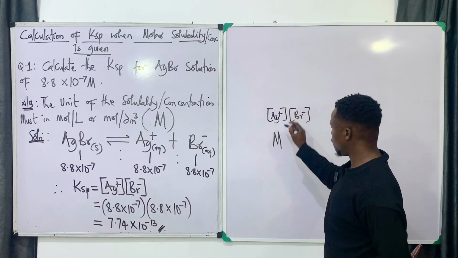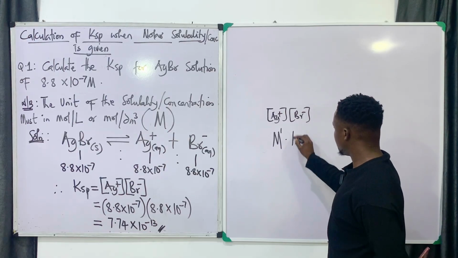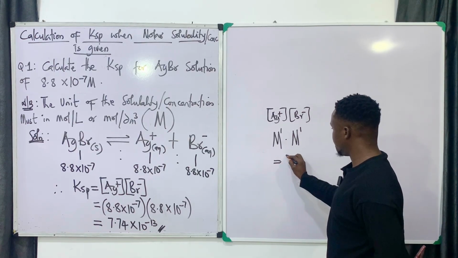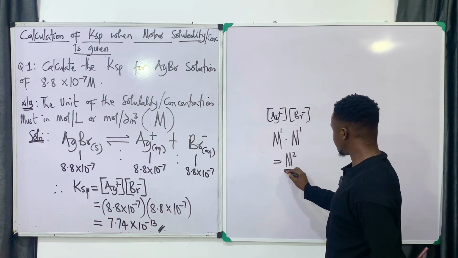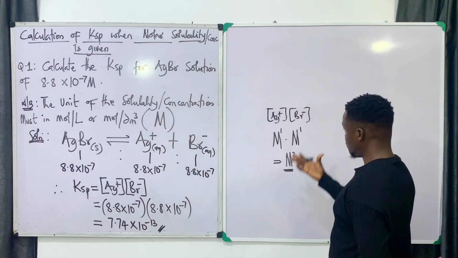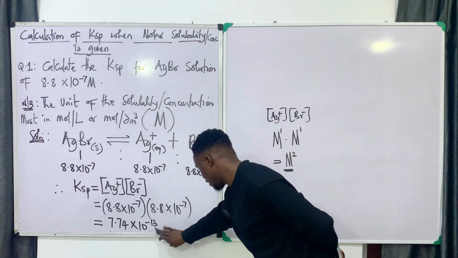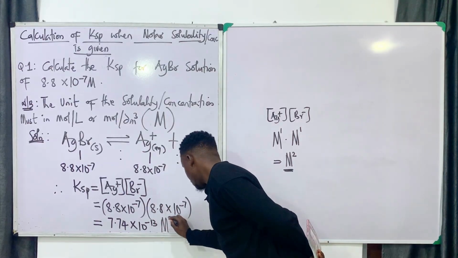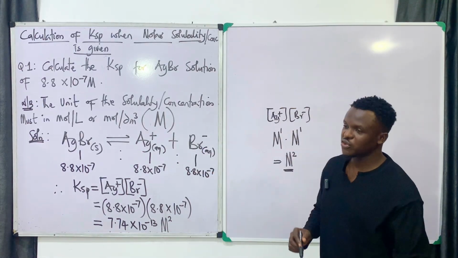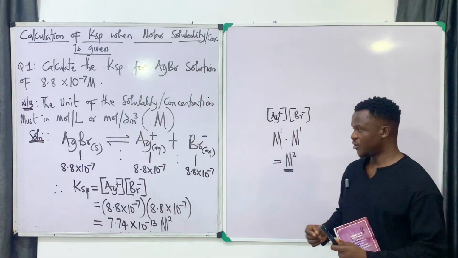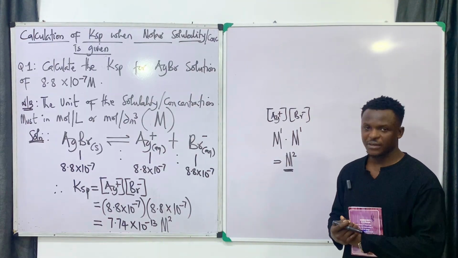This molar is raised to the power of 1, and this is another molar raised to the power of 1. So this is molar squared. If you're asking in terms of the units, this would be molar squared. But most of the time they don't usually ask for the units. So that is how we got the answer for that question.